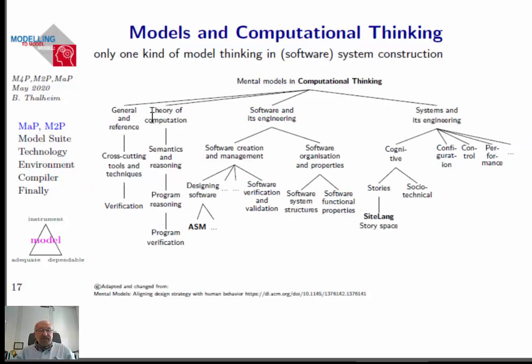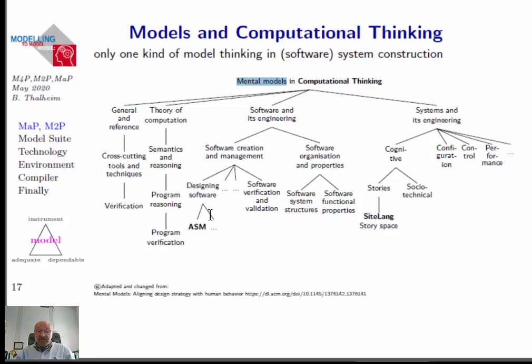The same can be done if we consider computational thinking. In this case, we use mental models, mental models for the general and reference representation, and finally for verification. We have a theory of computations that could support the whole thinking style. We have, of course, also software engineering approaches.